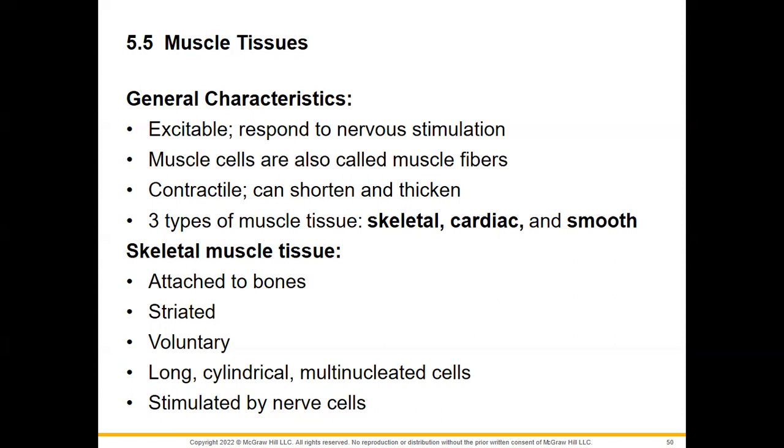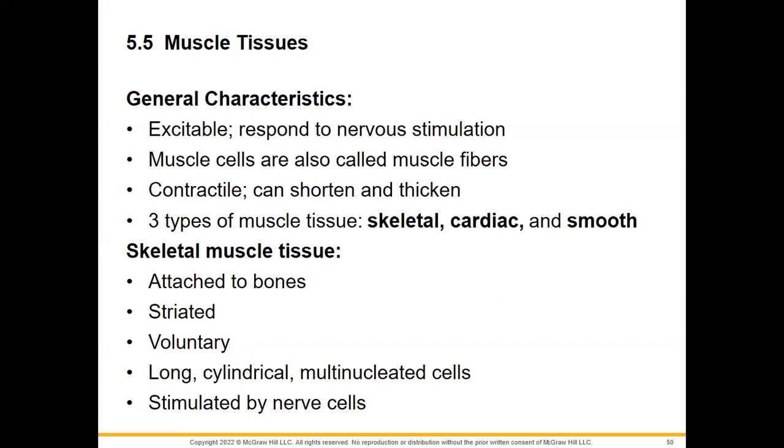When you look at skeletal muscles under the microscope, they look striated. Make sure you look up the definition of striated. But basically, they have stripes. The way the muscle cells or the muscle fibers are put together, it looks like it has stripes, or striated.